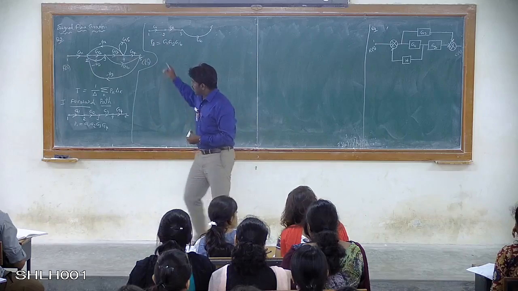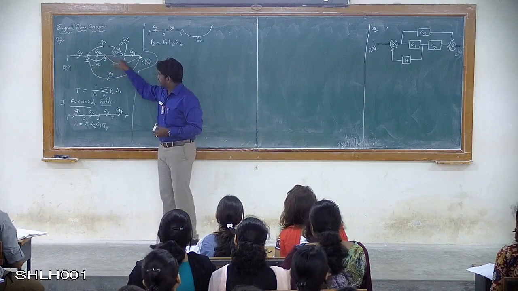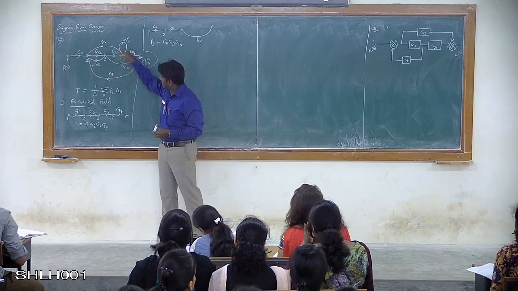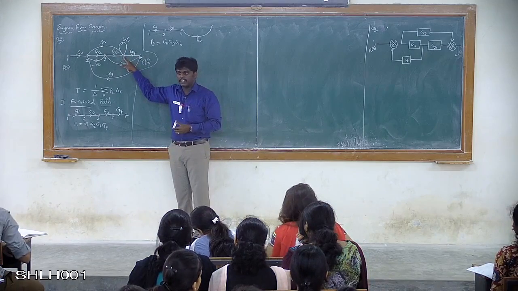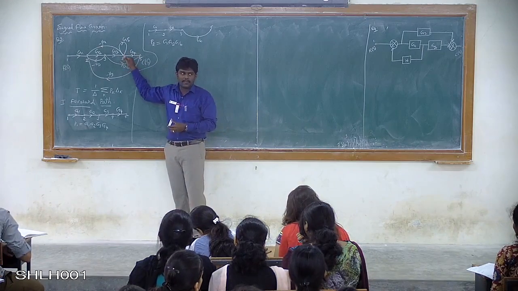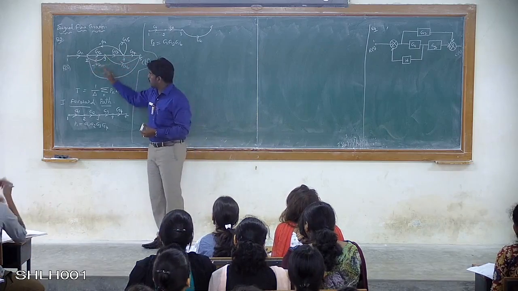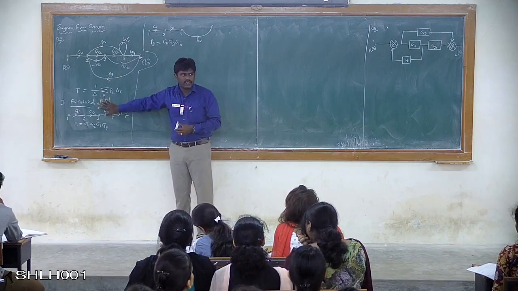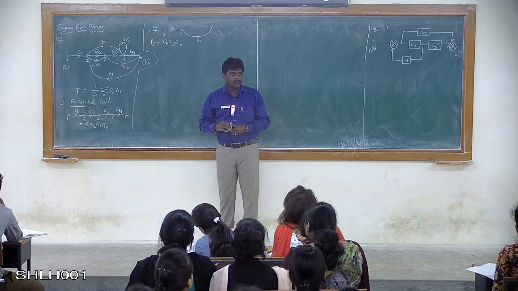If I take 1 to 2, then 2 to 3, then 3 to 4, this is a loop, since it starts at 4 and ends with the same node. So this can't be taken as a forward path. We also cannot find any other forward path, so we have two forward paths in the given flow graph.